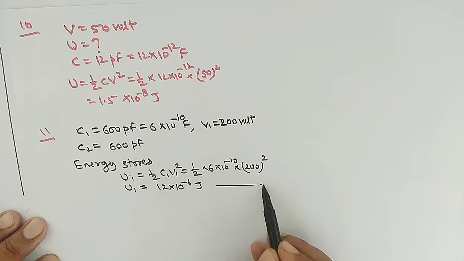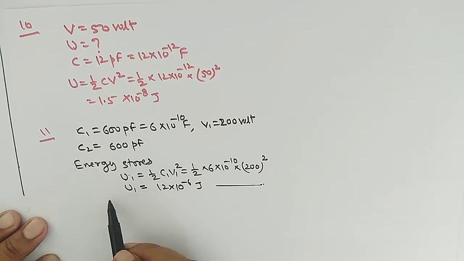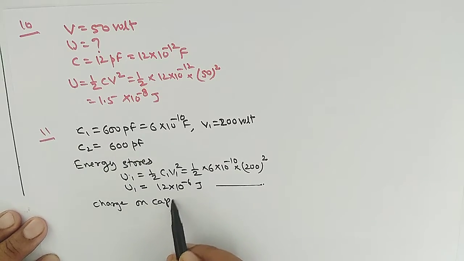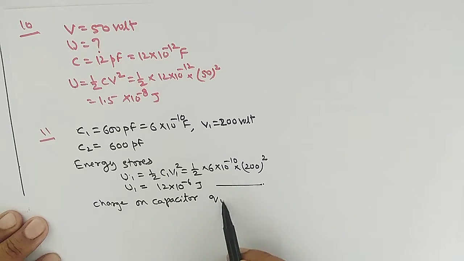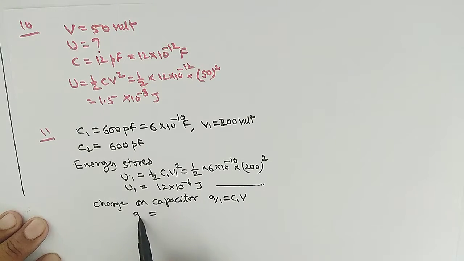Now see what is the charge on the capacitor. You will think why we are finding the charge. It is not asked, but actually this charge will be used in the next part of the question. Using the formula, Q1 is equal to C1 V. The value of C1 is 600 picofarad, or simply you can write 6 into 10 to power minus 10.